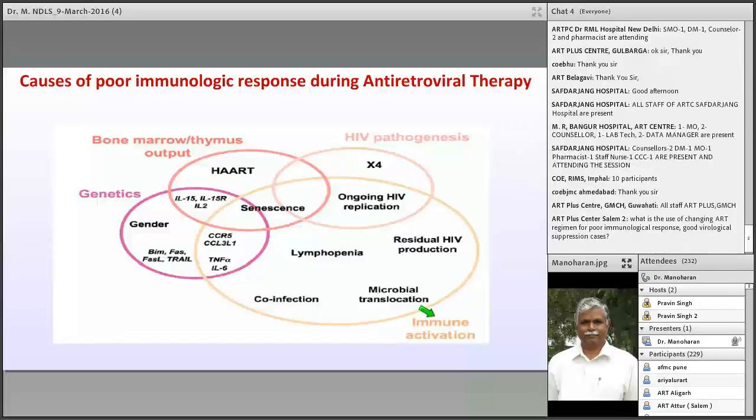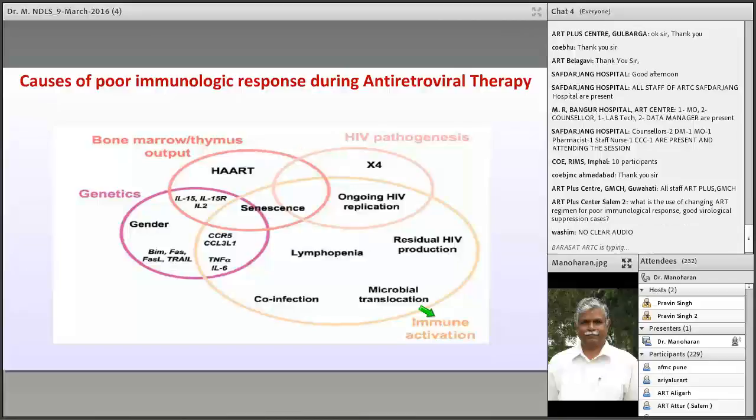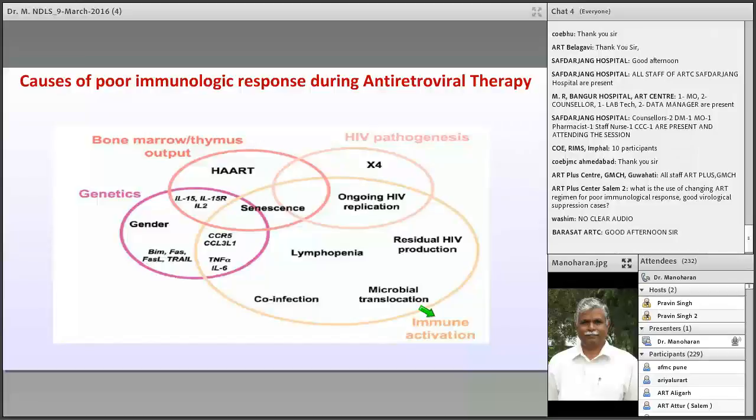In the past, various attempts to downregulate immune activation in HIV-1 infected patients were made. These attempts included the use of hydroxyurea, thalidomide, mycophenolate, steroids, IL-10, etc. So they have used various agents to downregulate the immune activation, but most of those attempts were disappointing.